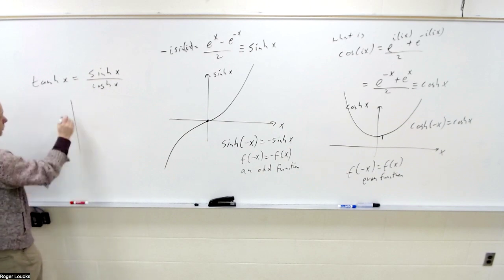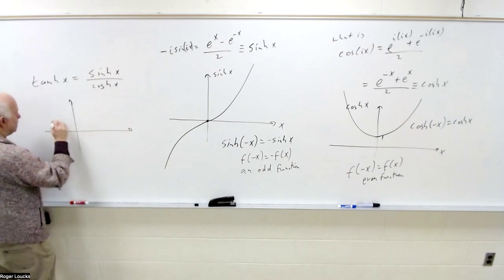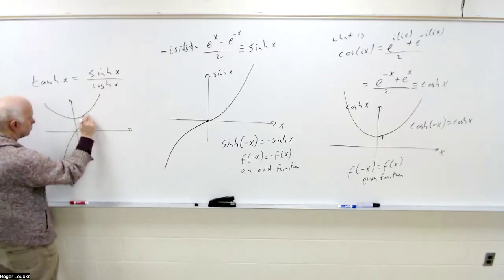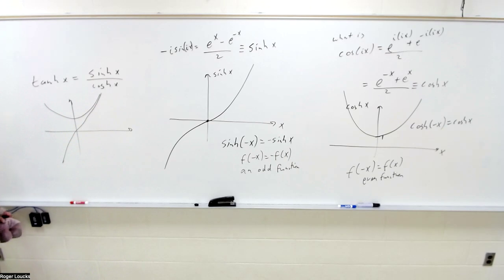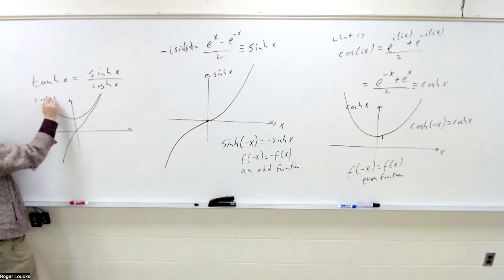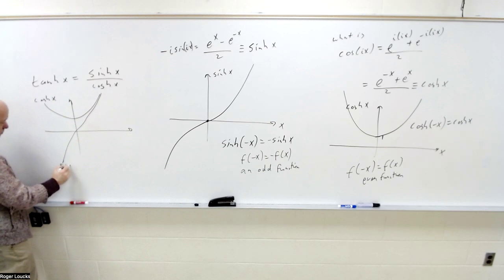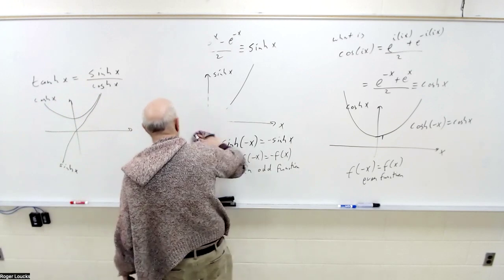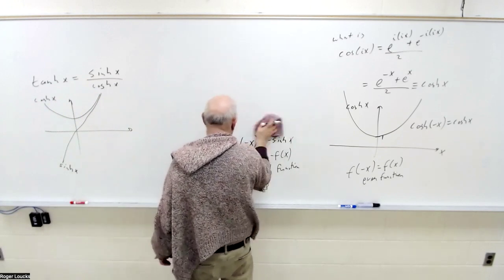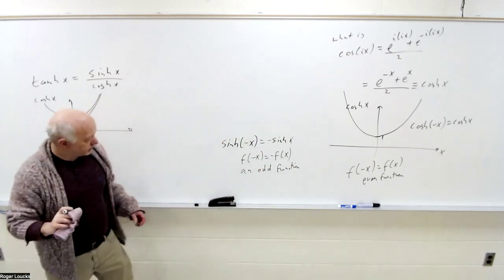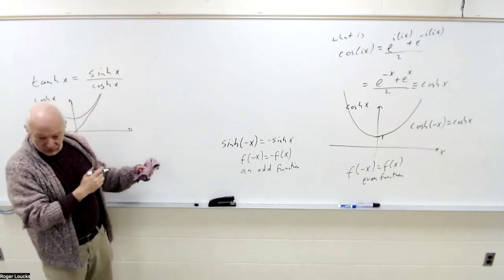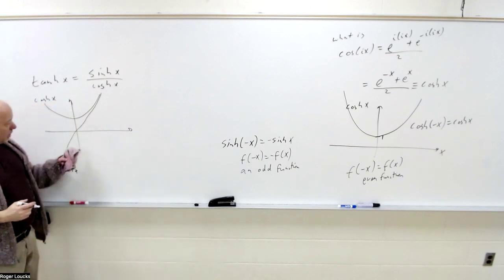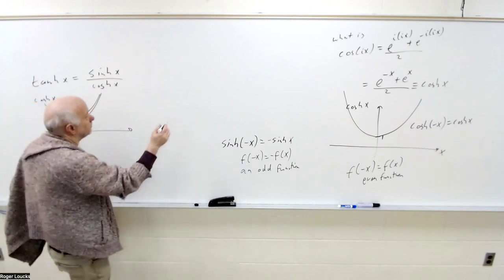If you were to put these two graphs on top of each other, this is cosh and this is sinh. Okay, so what happens here if I then plot this?